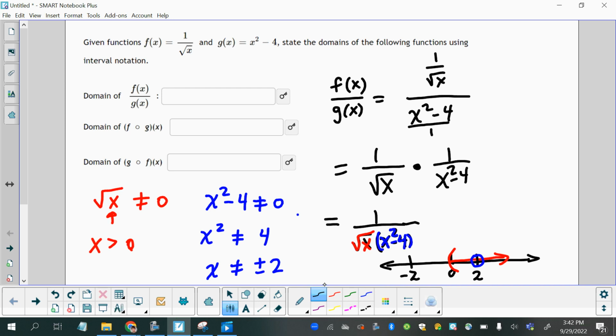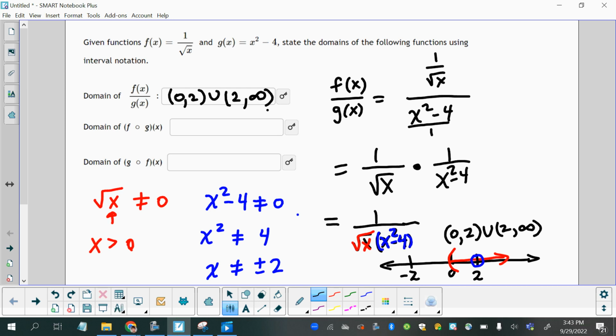So in interval notation, that would be starting from 0 but not including it, all the way up to 2, then break and start on the other side of 2 and go towards infinity. So we have a union for our first answer. So that is the domain of f of x over g of x.